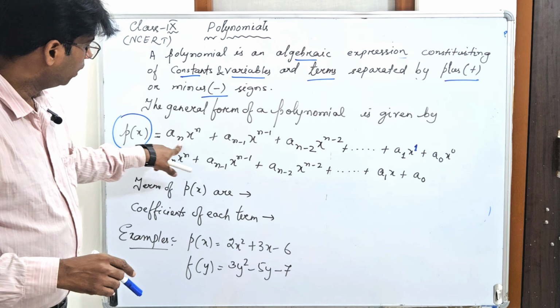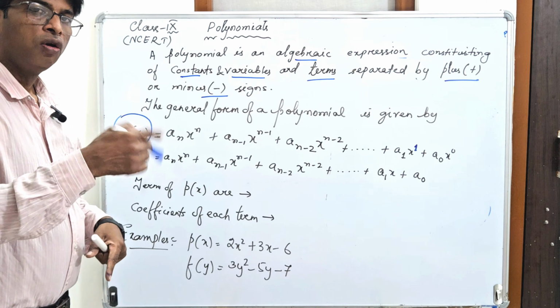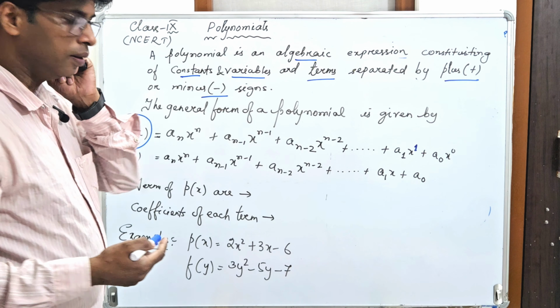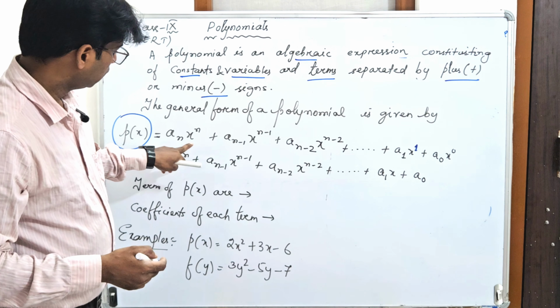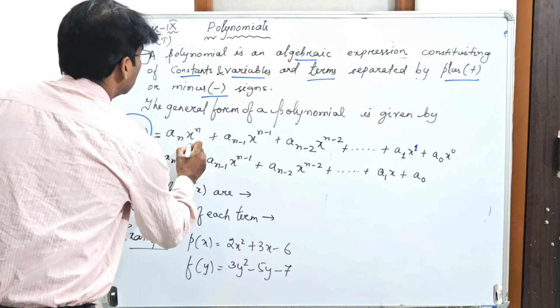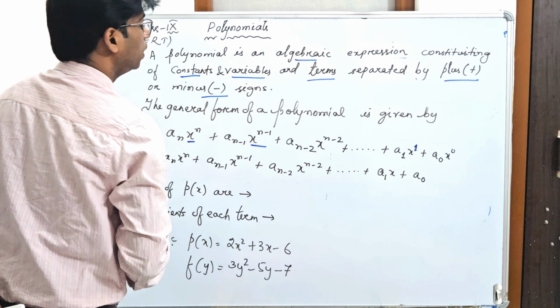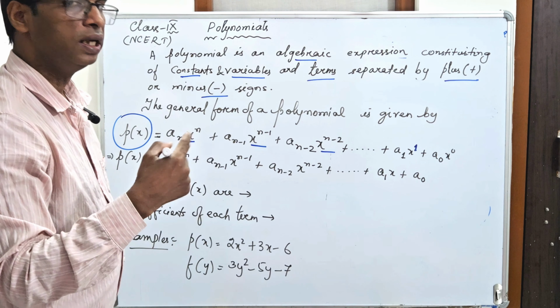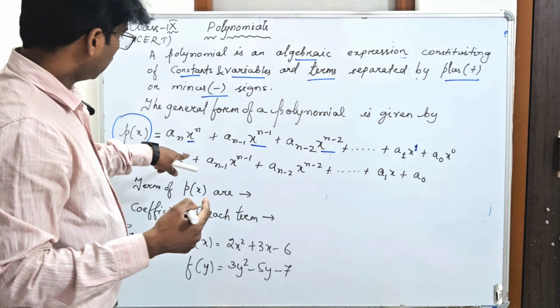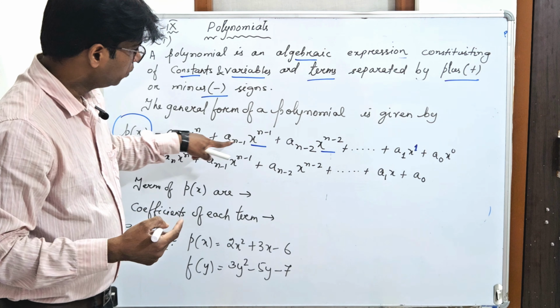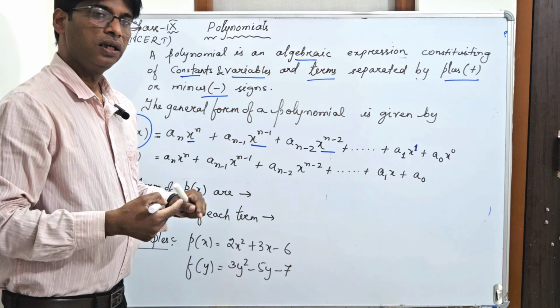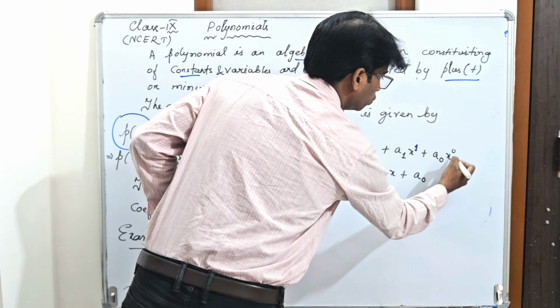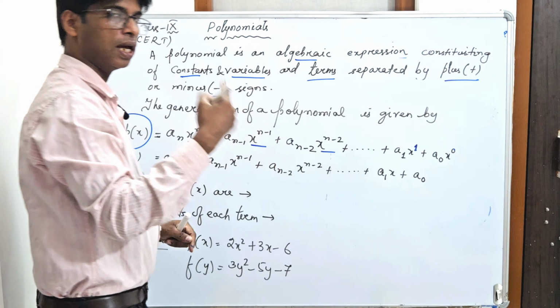And a n, a n minus 1, these are what? Coefficients of x. Now you can see x to the power n here, then x to the power n minus 1 here, then x to the power n minus 2 here. So you can see the powers are decreasing. That's why I can say this general form is also written in the standard form. And I can say x to the power 0 means the last.